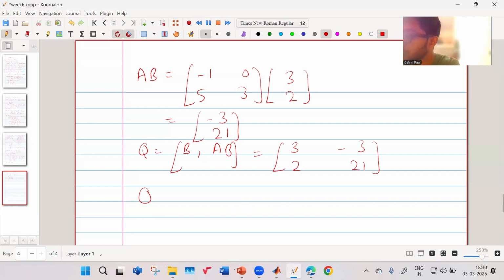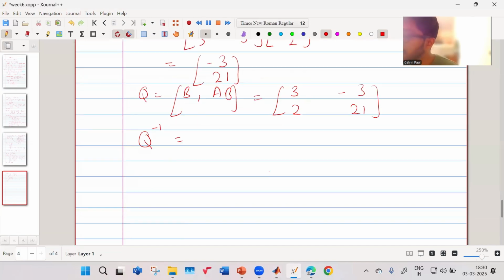So we have to find the Q inverse. Finding the inverse of a second order system is easy. You just interchange the diagonal entries, so this becomes 21, 3, and you interchange the signs, so this will become minus 3, 2. And you find the determinant, that is 21 into 3 minus of minus 3 into 2. 21 into 3 is 63 plus 6, so it is 69.